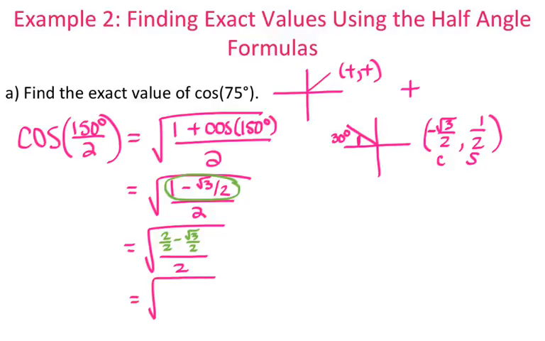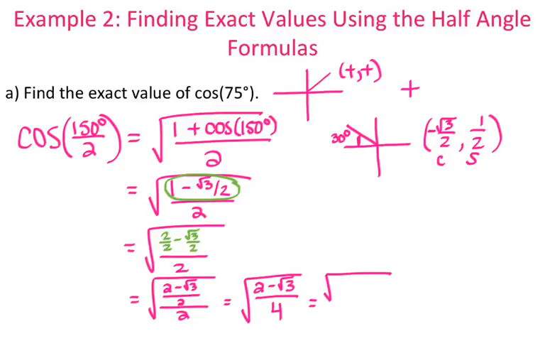So now, combining it, that's 2 minus root 3 over 2, which simplifies to 2 minus root 3 all over 4. So I can take the square root of both the numerator and the denominator. Square root of 4 is 2, and this is your final answer. So that's the exact value of cosine of 75 degrees.